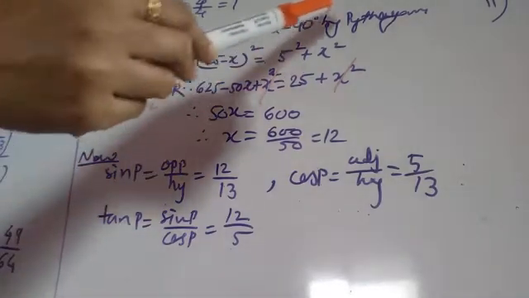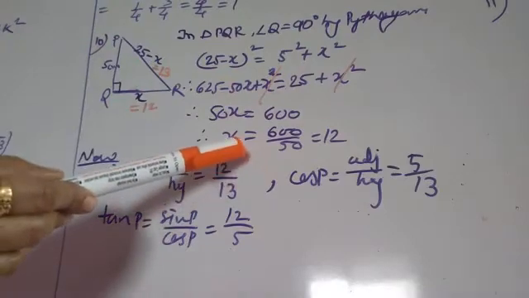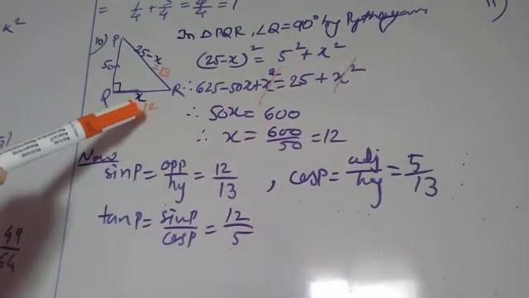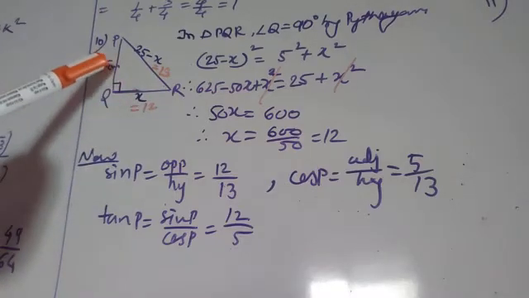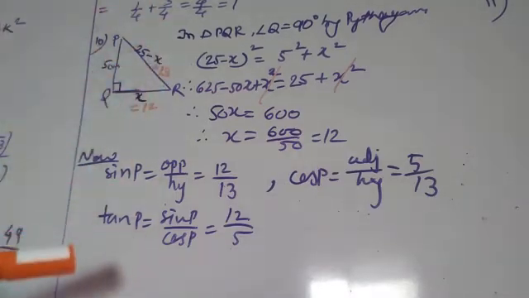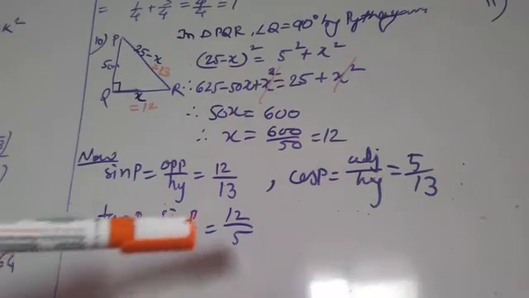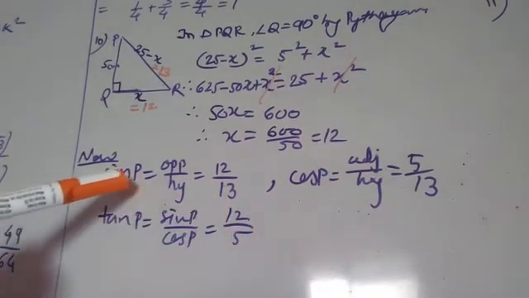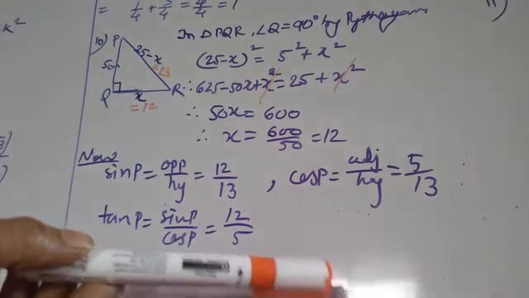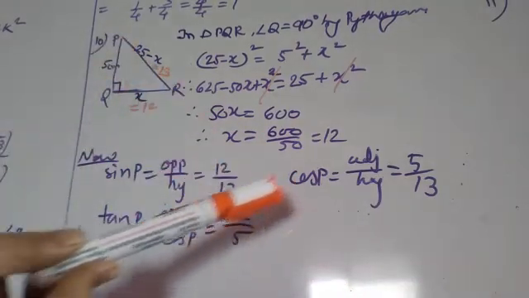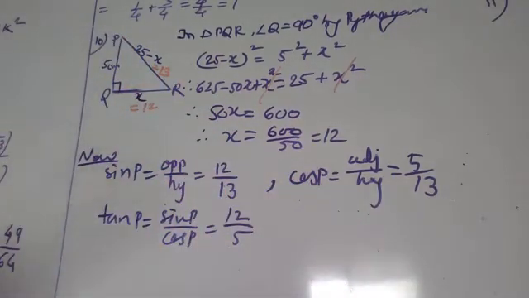Now by applying the Pythagoras theorem, we get the value of x as 12. So we get a Pythagorean triplet, that is 5, 12, 13. From this we can find the values of sin P, tan P, cos P, which is what is asked, so we can get it like this.